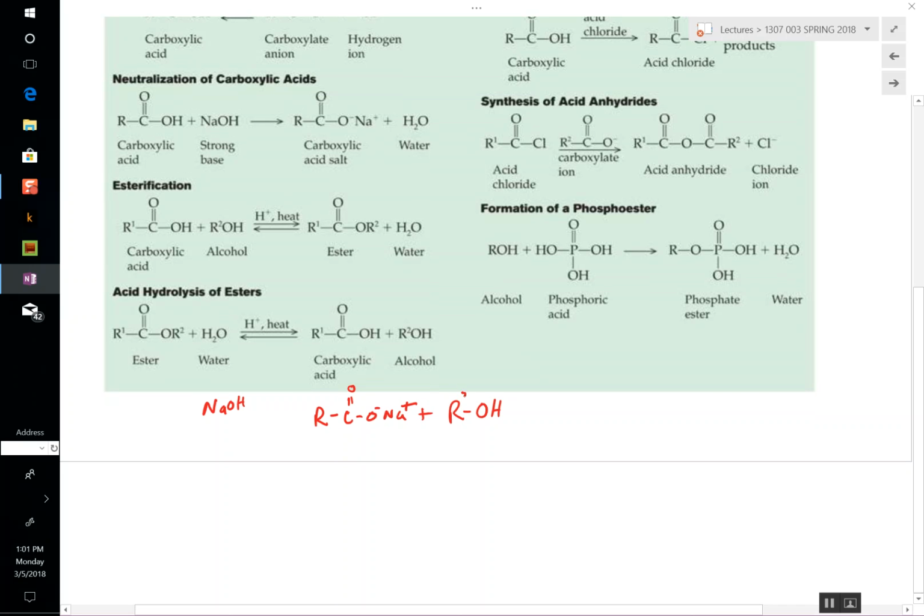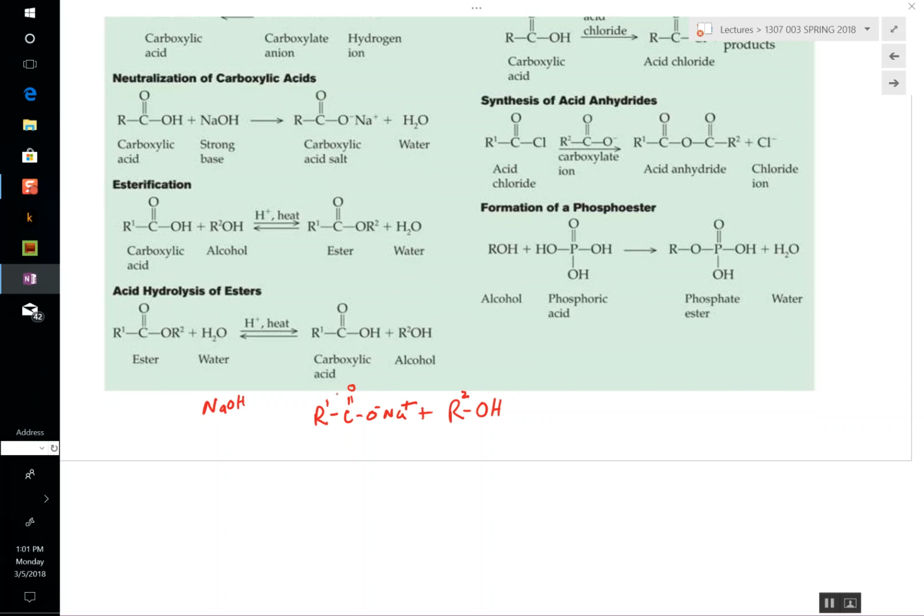R2. All right, so a lot of similarities. Here we're reacting NaOH. Here we're reacting HOH. When I think about it that way and see how similar it is, it helps me anyway.